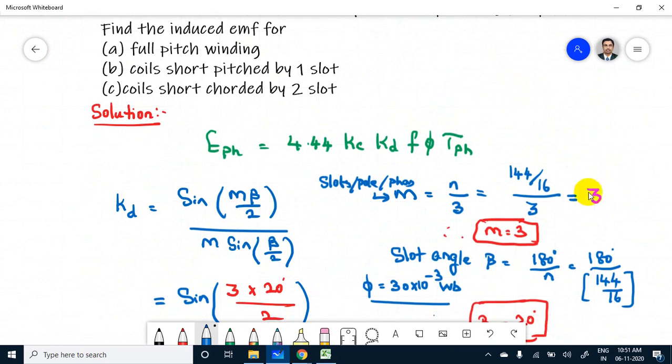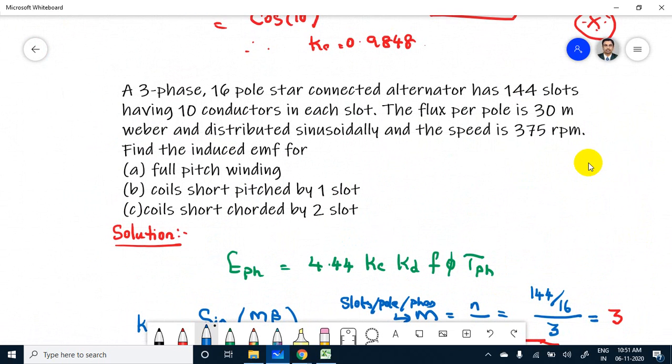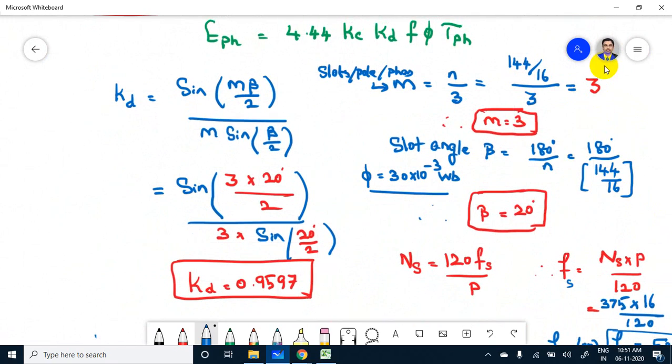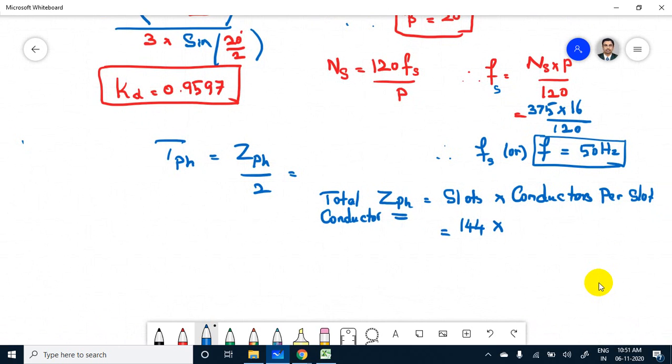Please check. 144 slots having 10 conductors in each slot. This value substitute here. 144 into 10, so you will get 1440. Therefore Z phase is equal to 1440.